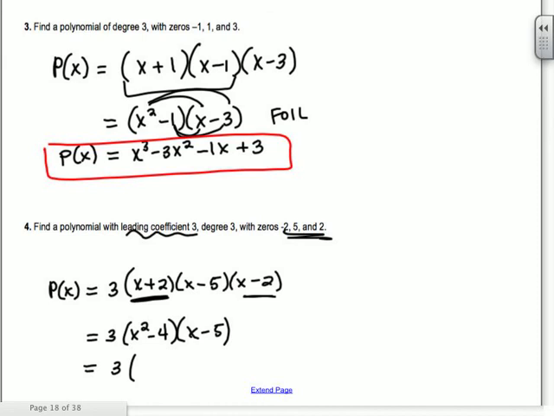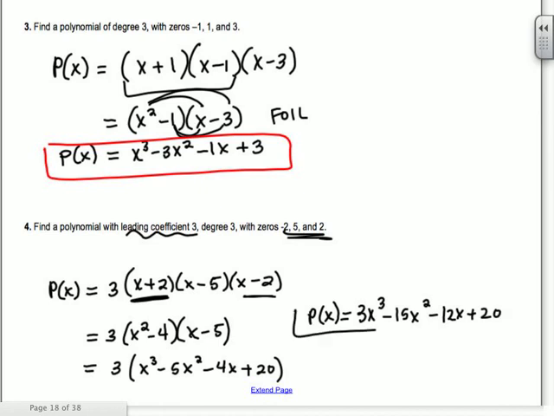So when you FOIL, you get x cubed minus 5x squared minus 4x plus 20. And then the last step, bring that 3 in. So your polynomial is 3x cubed minus 15x squared minus 12x plus 60.